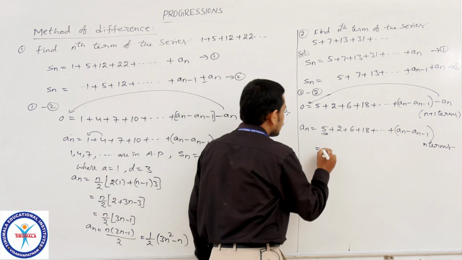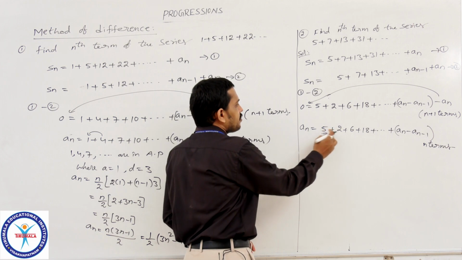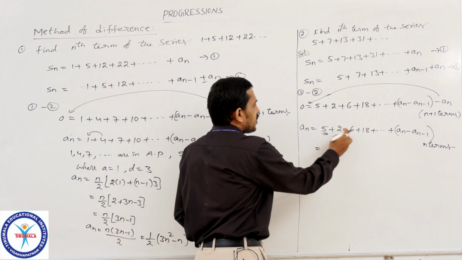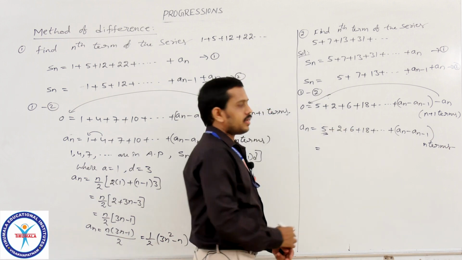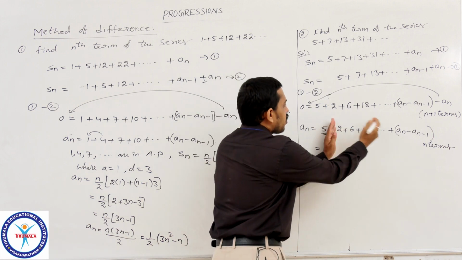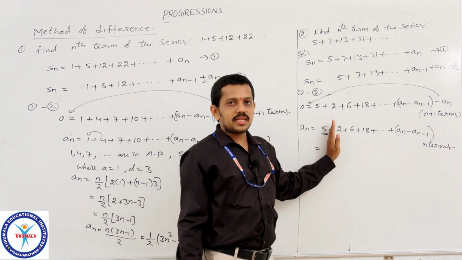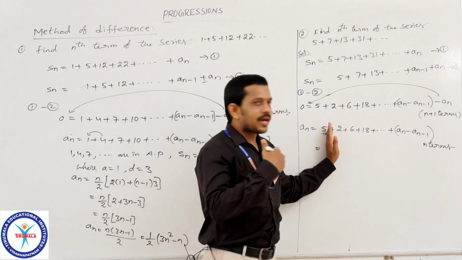So, this can be written as: the ratio of these two is 2 by 5, but what is the ratio between these two? 6 by 2 is 3, 18 by 6 is 3. So, from the second term onwards, the terms of the series follow some pattern.